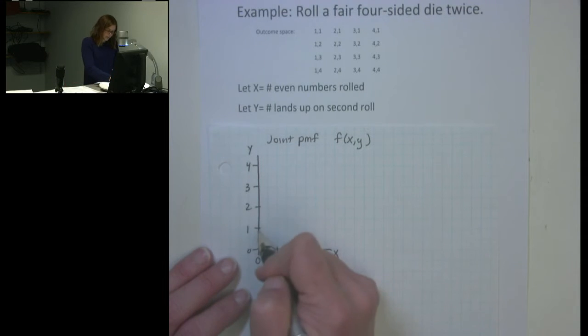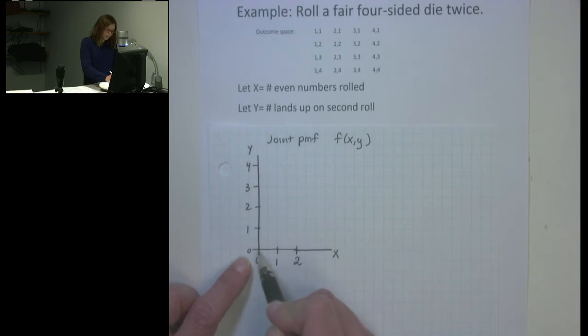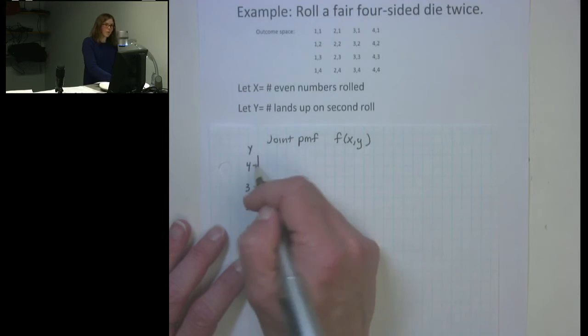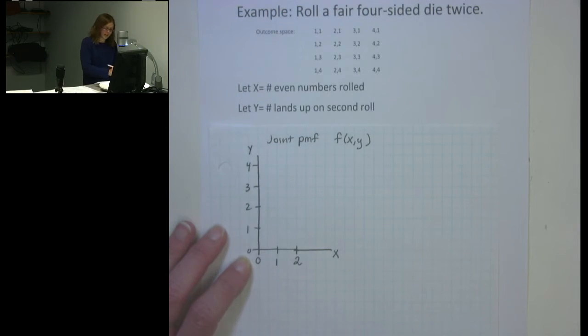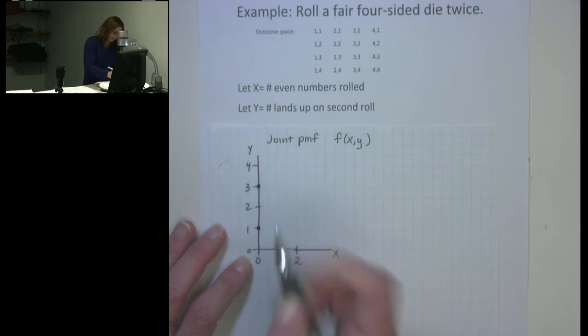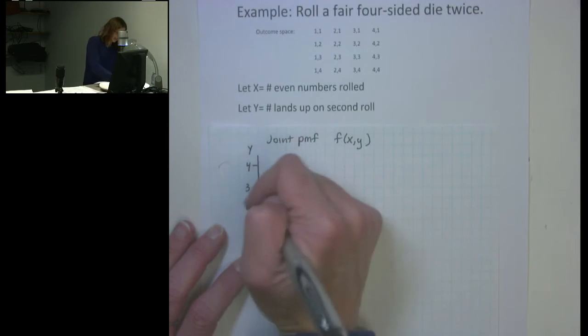Now, if we roll no even numbers, then we definitely aren't going to roll a 2 or a 4 on the second die. So it'll have to be a 3 or a 1. And there are 2 out of the 16 outcomes that are going to result in each of these.